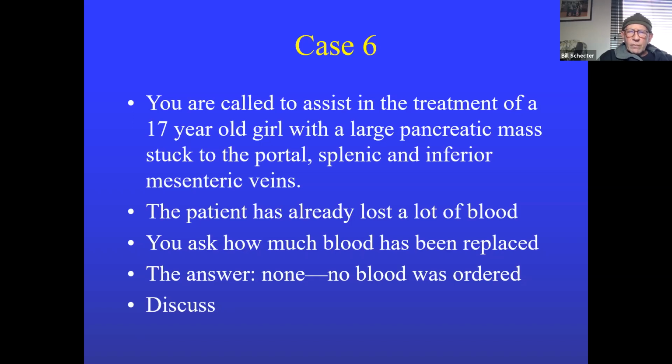So with this case, I want to introduce to you the concept of damage control laparotomy. We usually do this in trauma, where we have massive injuries, where we may need to do bowel resections and all sorts of stuff.